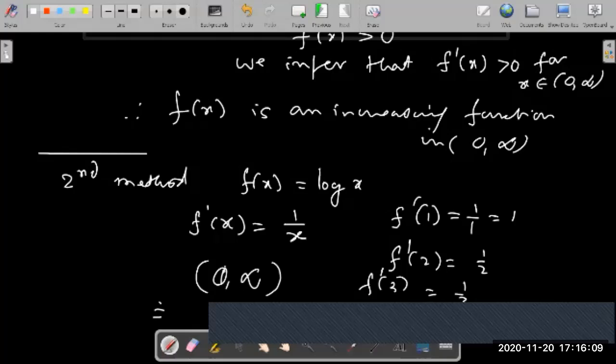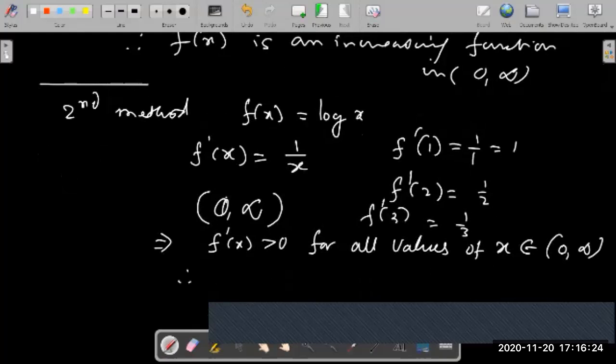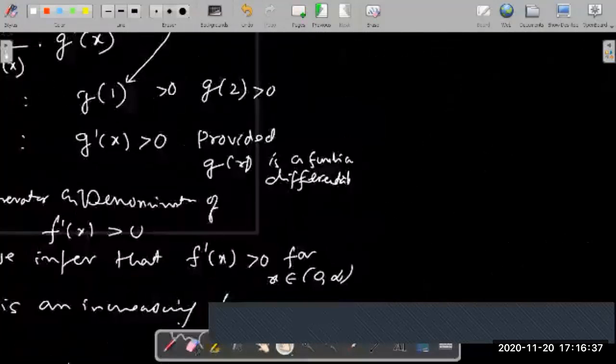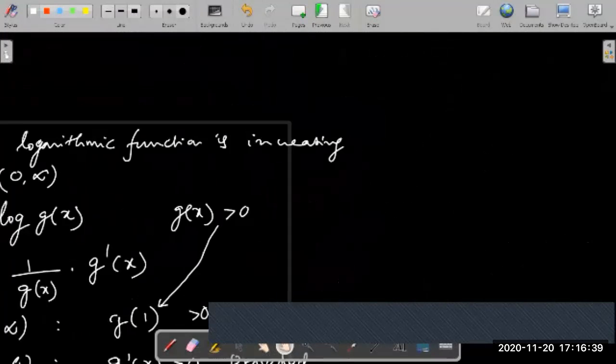So we can infer that f dash x is greater than 0 for all values of x belongs to 0 to infinity. Therefore, f of x is an increasing function. That's all. This is the second method. You can write this way also. Then we have to now go back and do the next question.